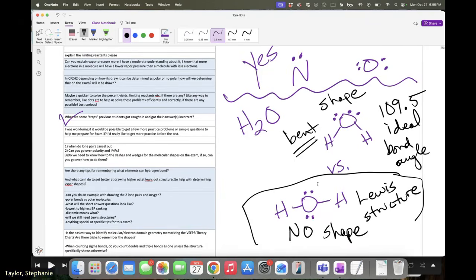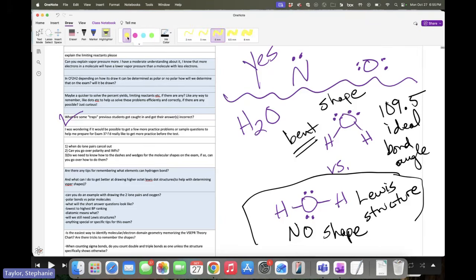So the Lewis structure is fine to draw. There's nothing wrong with drawing a Lewis structure of water that doesn't have any shape information. But you need to be honest with yourself that there is no shape information here. Again, there's nothing wrong with drawing it like this.